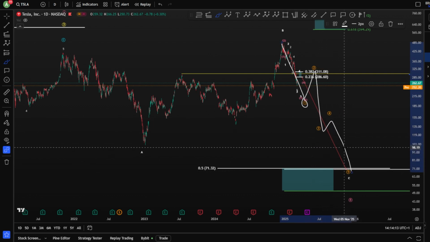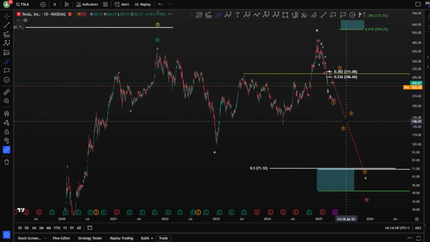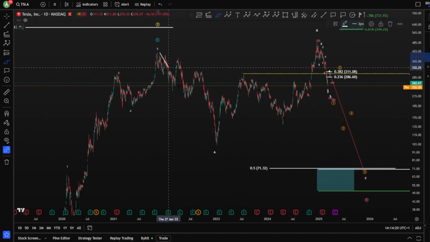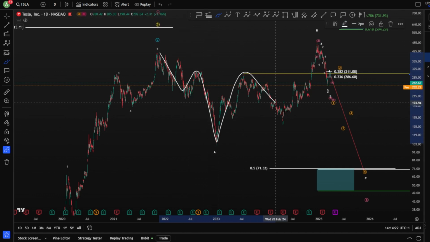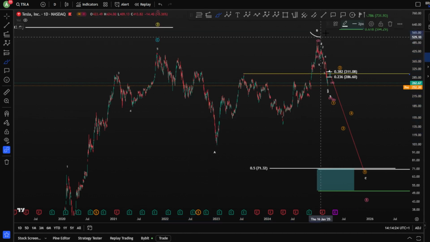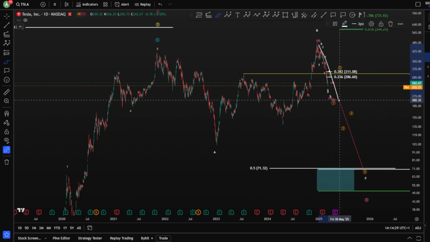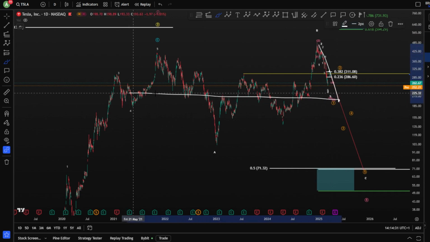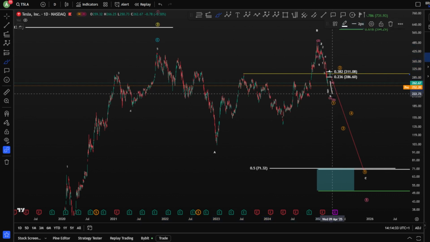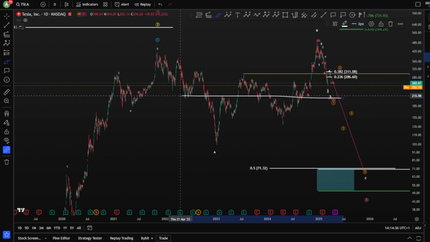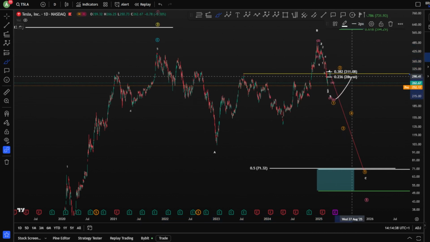Of course, there is a possibility that we turn back. Definitely, there is something called a running flat. And this running flat is 3 waves down. It should look like an expanding flat, which is perfect. In case we finish in 5 waves in the middle of this running flat, like this, which is where it is supposed to be, in case the market finds a psychology again and seeks a reversal, then there is a chance, in the middle of this.